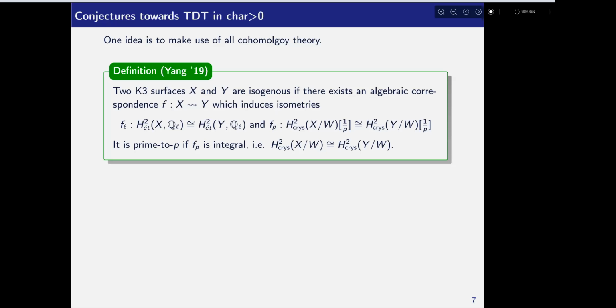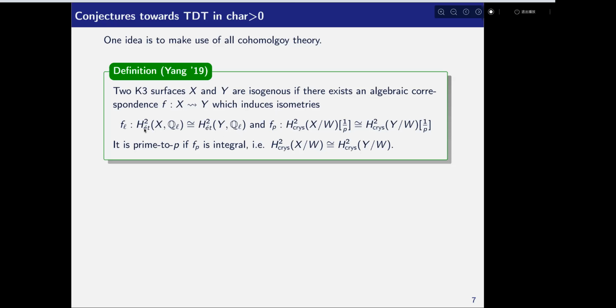There is a candidate, a definition given by Ziquan Yang two years ago. He says that two K3 surfaces are isogenous if there exists some algebraic correspondence between X and Y, and this algebraic correspondence induces some isometries.